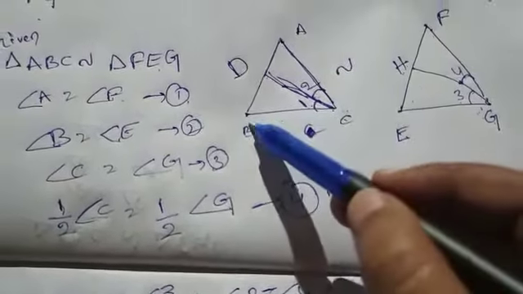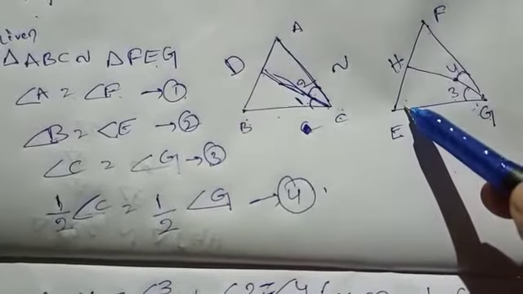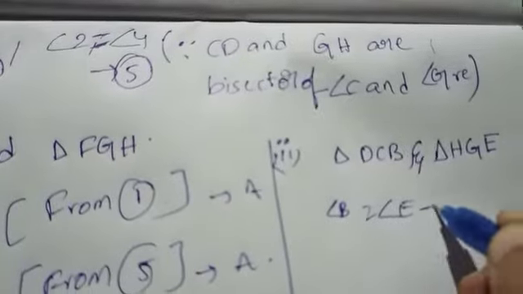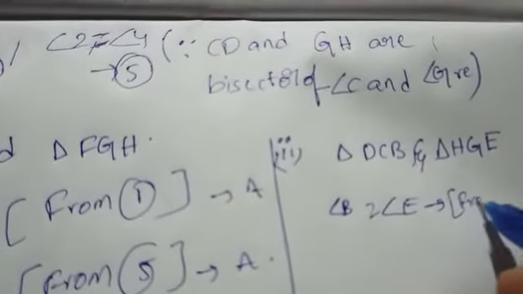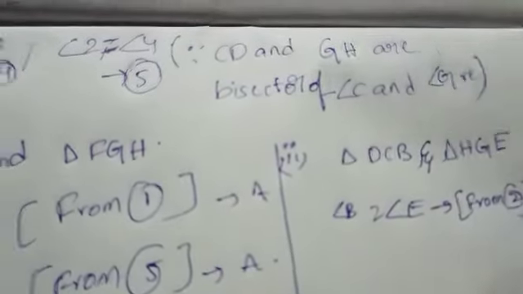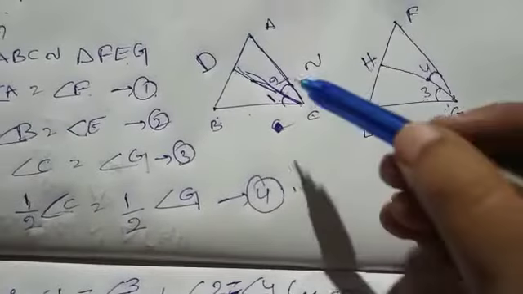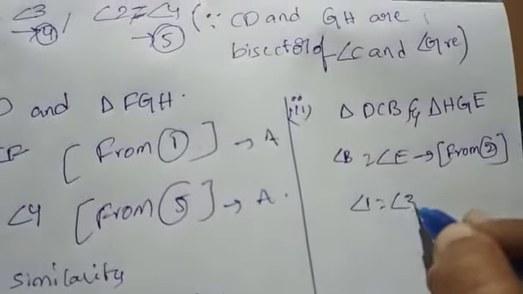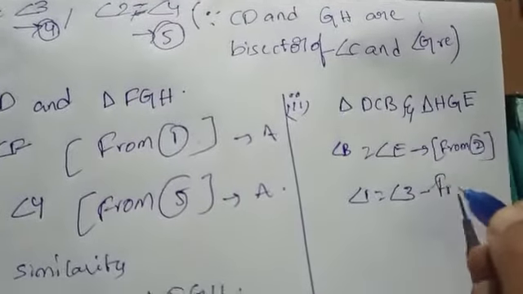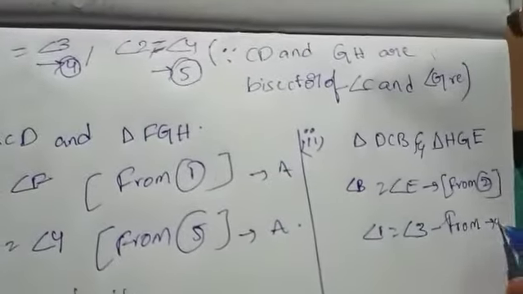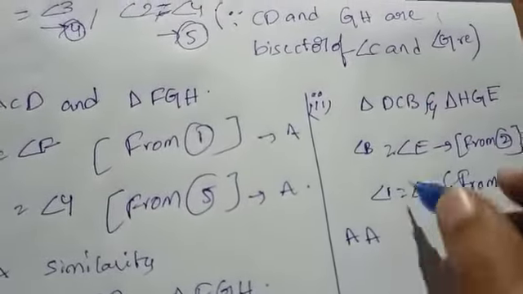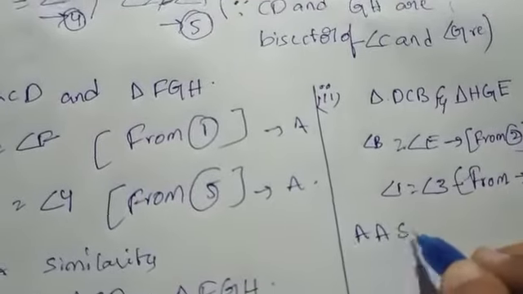Here angle B equals angle E. Next, angle 1 equals angle 3, from 4. So here using AA similarity, these two triangles are similar.